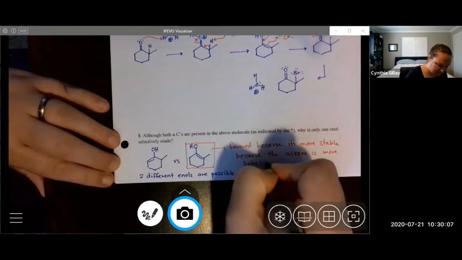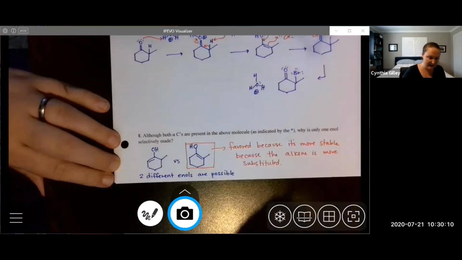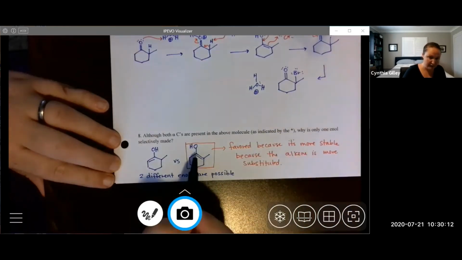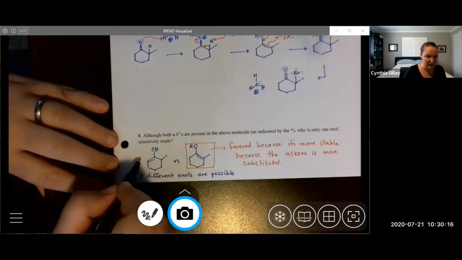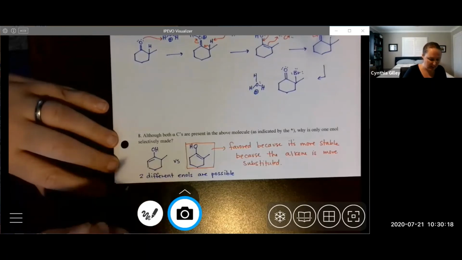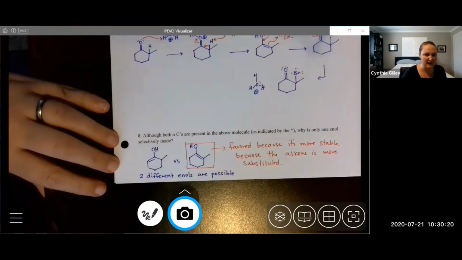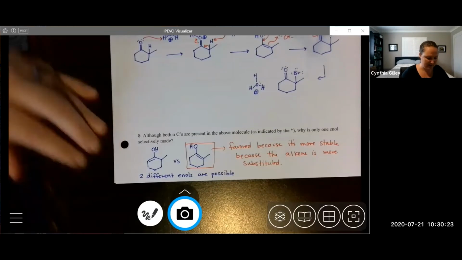So if you look at the alkene itself, right, it's got 4 non-hydrogen groups, so it's tetrasubstituted. And over here, there's 1 hydrogen group, so it's only tri-substituted. So we know that the more substituted the alkene, the more stable it is, right? So that's why this one is favored.